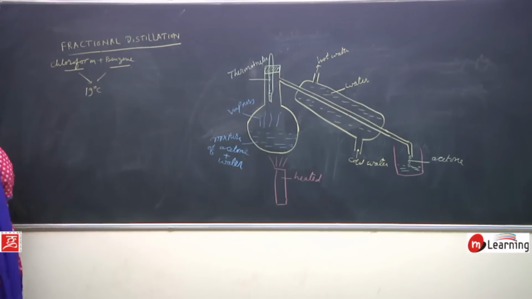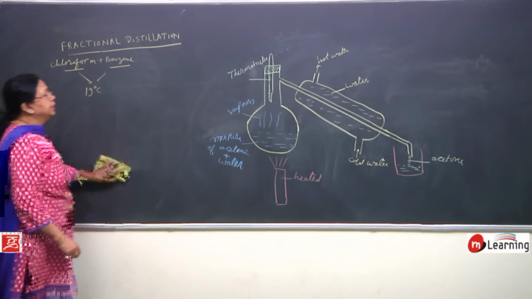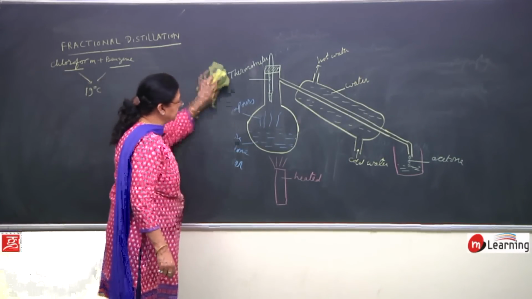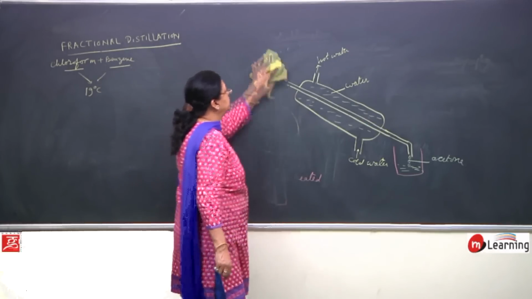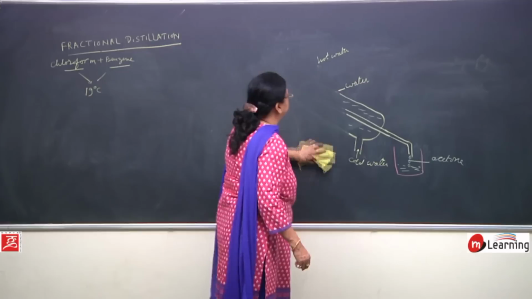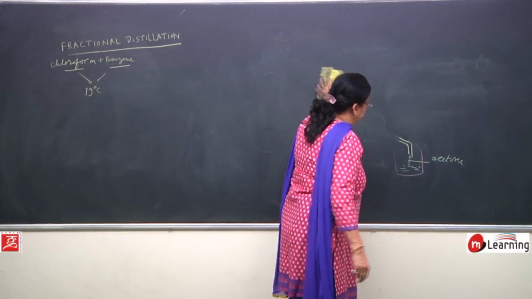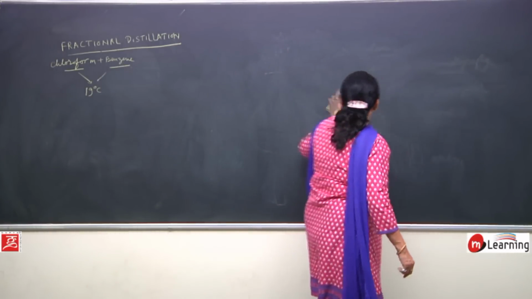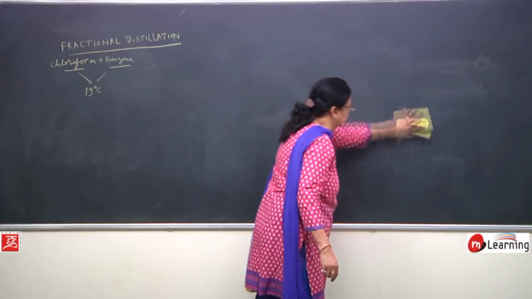The difference in the boiling point of these two is 19 degree only, right? So, what is being done here? Instead of direct distillation, fractional distillation is done. Fractional distillation means distillation done in fraction, in part, right?